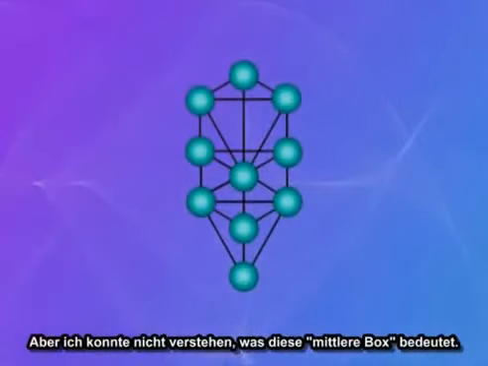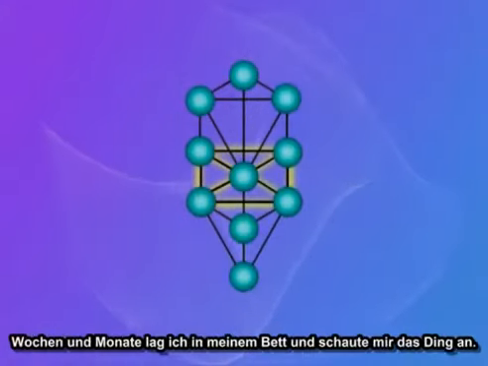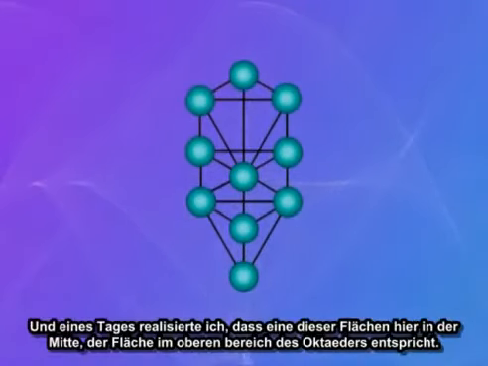But I couldn't figure out this middle box thing. I just couldn't figure it out. For weeks, months. Just laying in my bed looking at this thing, and studying and all this.